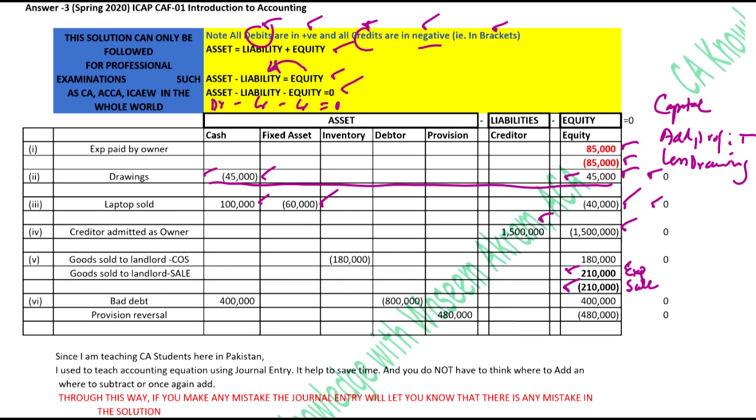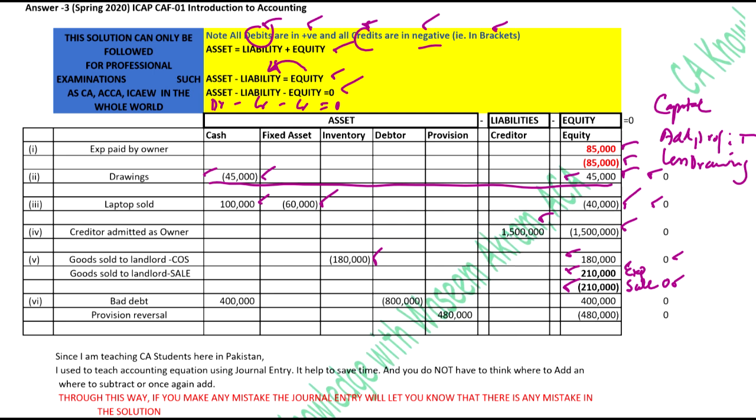And another entry: cost of sales debit, inventory credit. You see, 180,000 minus 180,000 is equal to 0. 210 minus 210 is equal to 0.